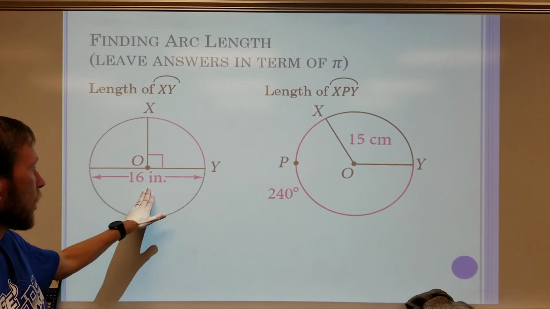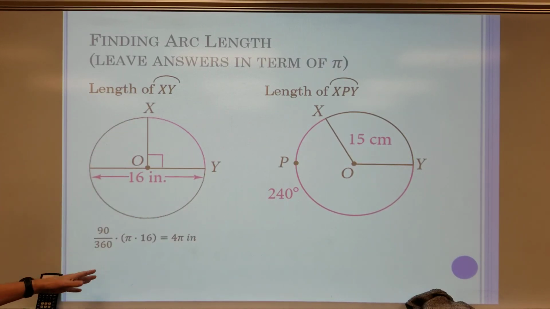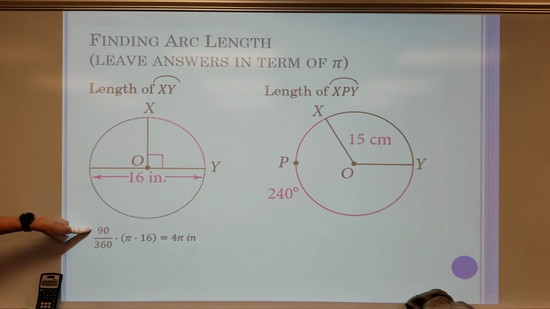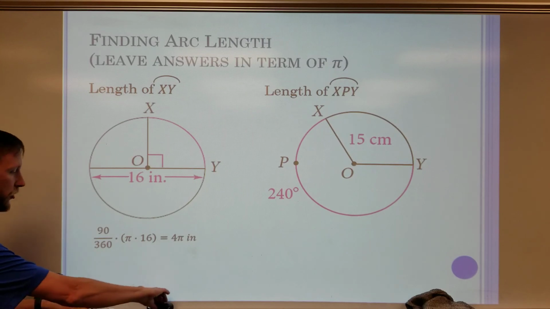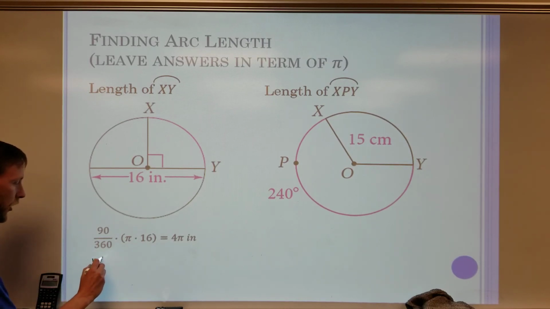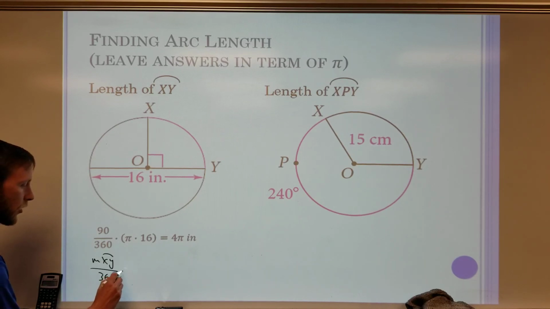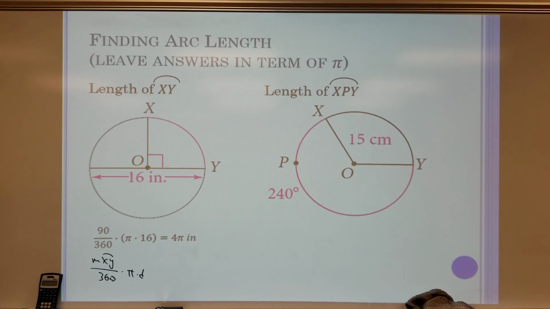The length of arc XY is going to be this fraction of the whole circumference of a circle with diameter 16. So the way that we would articulate that is we would say the measure of the arc divided by 360 multiplied by the circumference. In this case, it's pi times the diameter 16. The measure of the arc is 90.